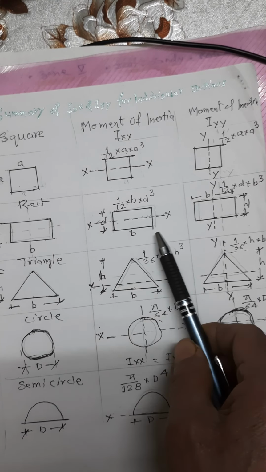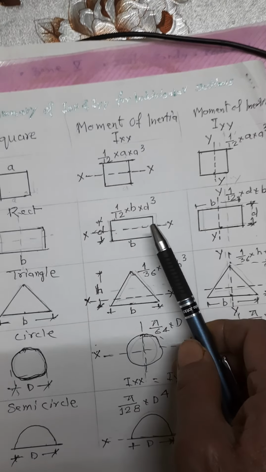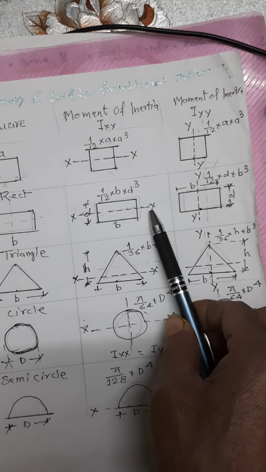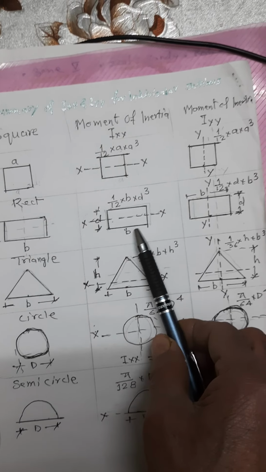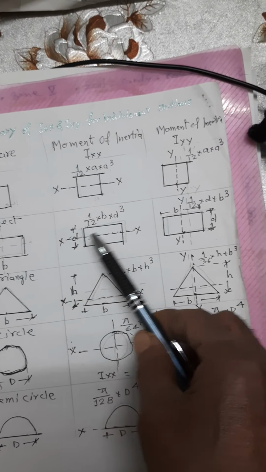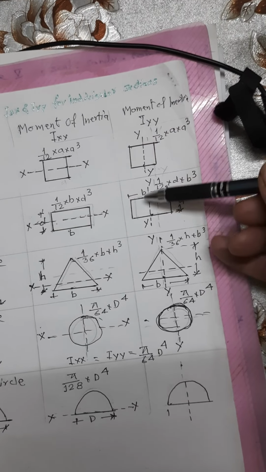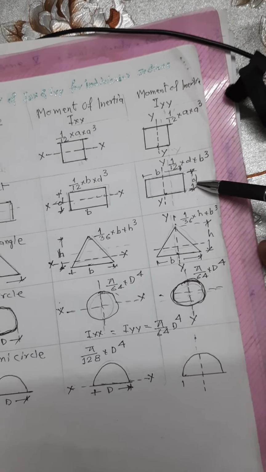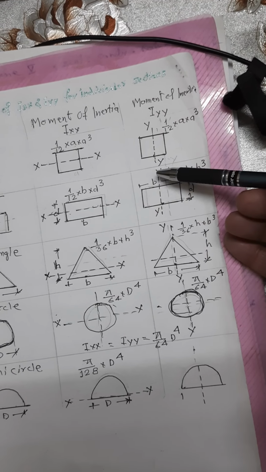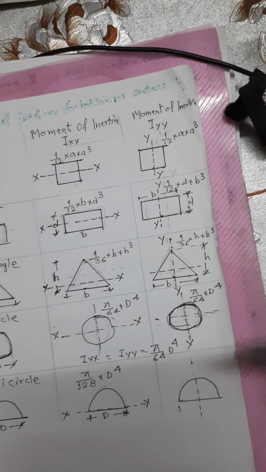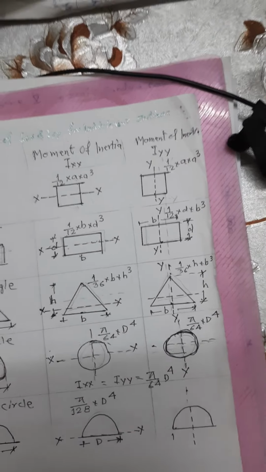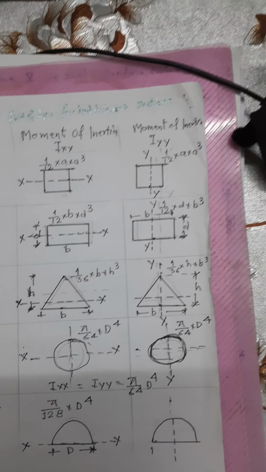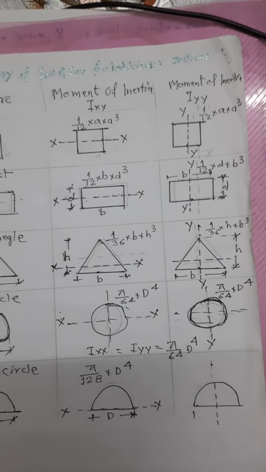When we are talking about this axis, b will always be parallel to this axis and d will always be at right angle to this. Now, when I am talking about Iyy, instead of 1 upon 12 b d cube, in this case it is 1 upon 12 d b cube. Always consider b, that is the width of the section, along the axis.